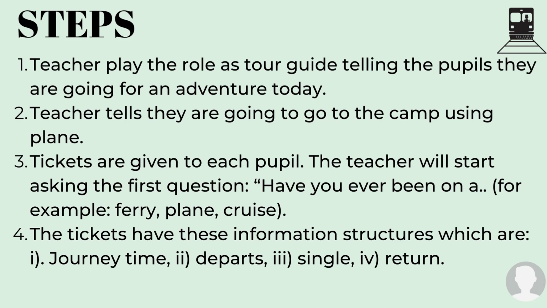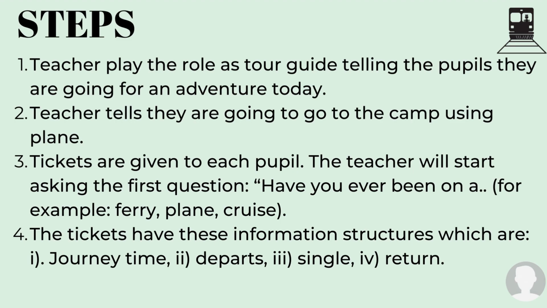The first step is the teacher will play the role as tour guide telling the pupils they are going for an adventure today. For example, hello kids, I am your conductor for today, and today we are going to a camp. Next, for the second step, the teacher will tell that they are going to the camp using a plane. This is going to be an example of transportation the pupils can use. After that, tickets are given to each pupil, and the teacher will start by asking the first question.